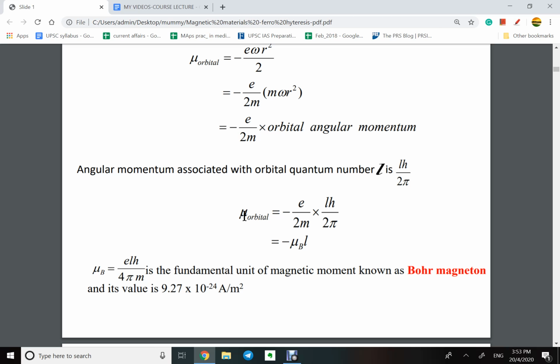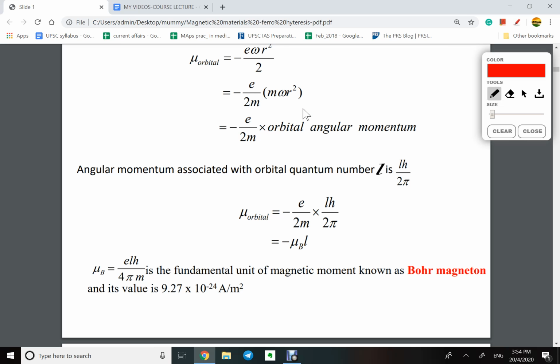So in this slide we continue with the second slide, where the orbital magnetic moment is given by minus e omega r square by 2. Here, multiplying and dividing by m, we get e by 2m here, and this part is just the orbital angular momentum.